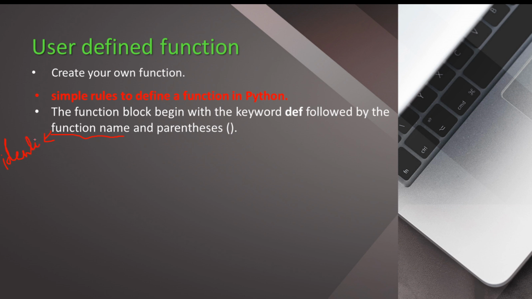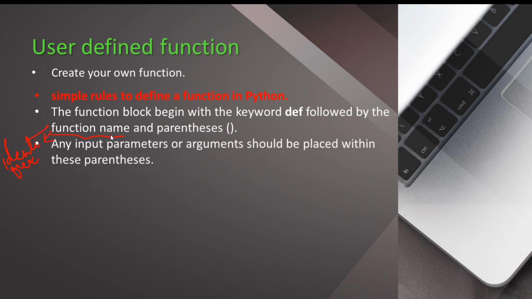Why is it followed by parentheses? So that if we need any argument or variable inside this function, we can pass it within these parentheses. So def is the keyword from which the function starts, then the name of the function is the identifier, and the parentheses are where we pass our arguments. Any input parameter or argument should be placed within these parentheses.